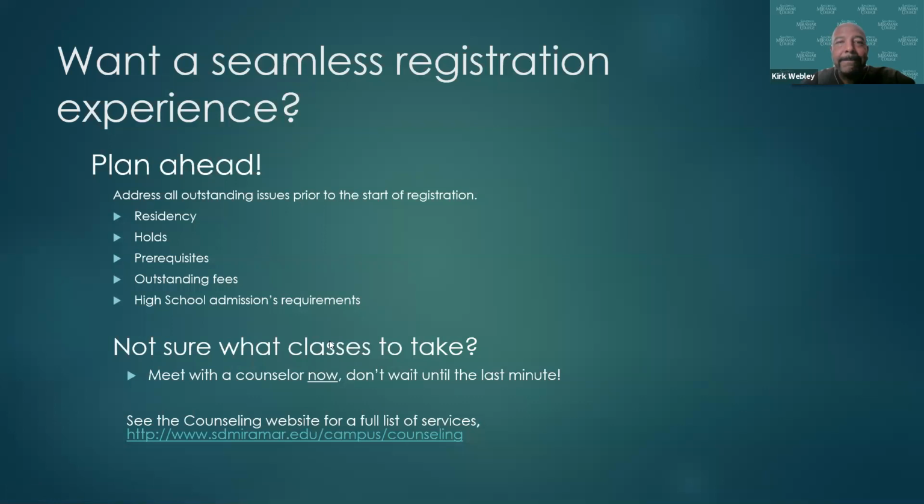All right. And Reggie is going to talk a little bit about our seamless registration experience. Generally, for a student to have a smooth registration time, we recommend that they plan ahead. One of the issues that should be addressed for a seamless registration experience is residency. Residency is determined when a student applies to the college.